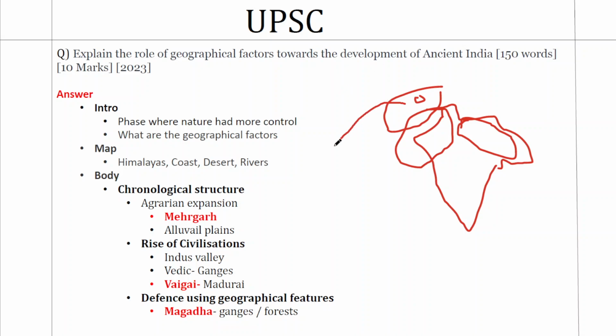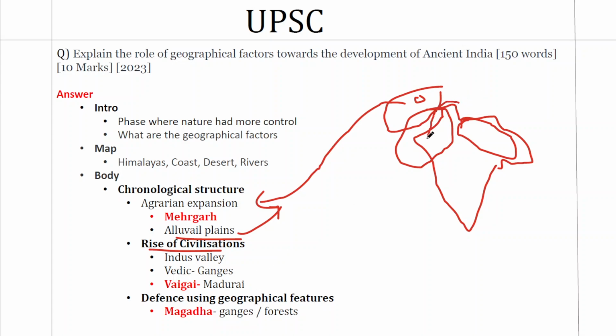First we will talk about agrarian expansion in regions like Mehrgarh. What was important there? The nature of soil, the plains and the climate. So those geographical factors will be brought in that first point. Second is the rise of civilizations. There we will bring the role of rivers, because all the major civilizations are along the banks of rivers.